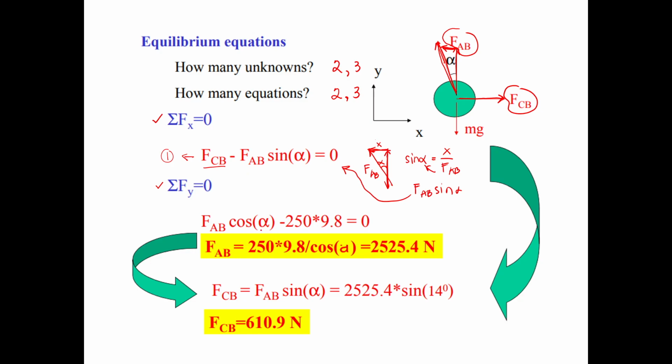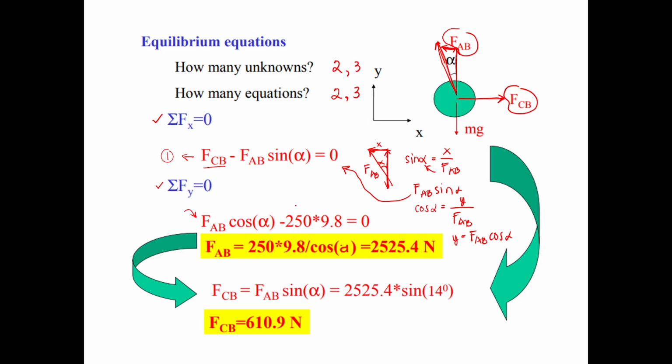In your vertical force, I think it's super easy because you can solve the vertical component of AB. You can use cosine alpha equals, let's say, y all over FAB. And then the y component of the force is FAB cosine alpha. So that's what you have here, and then minus 250 times 9.81.